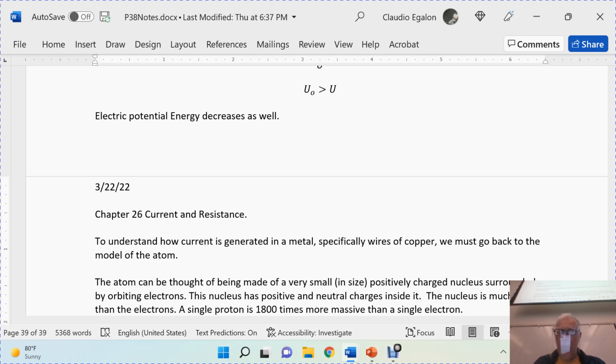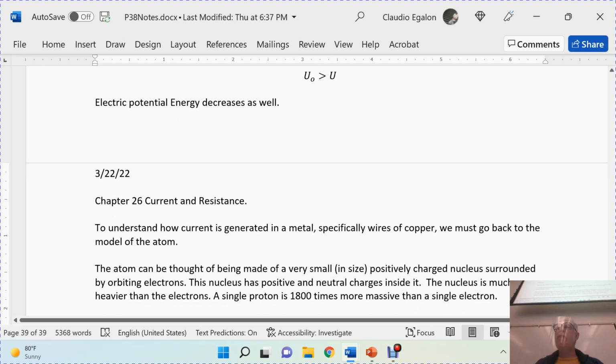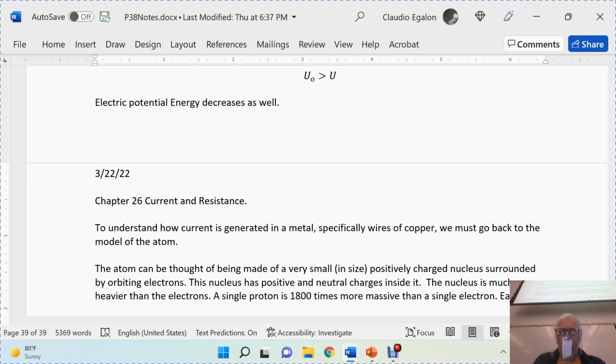It's much heavier, right? So you do the math. Each atom in general has the same number of protons and electrons, unless the atom is ionized.